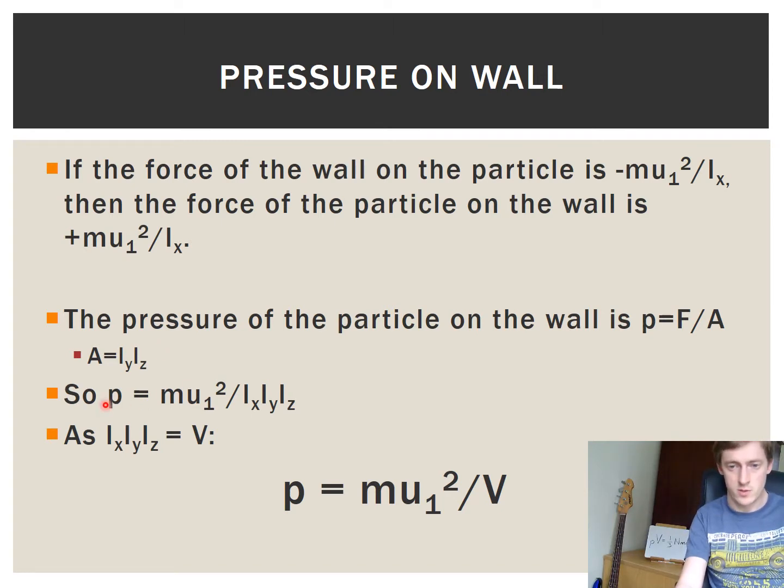So we take the pressure equation, this force divided by Ly Lz. We'll notice Lx Ly Lz is just the volume of the box. So we end up with this expression: the pressure from one particle in one direction hitting one side is mu1 squared over V.